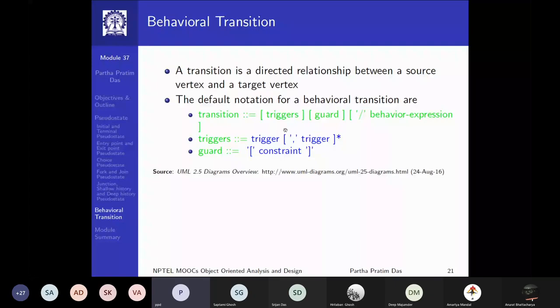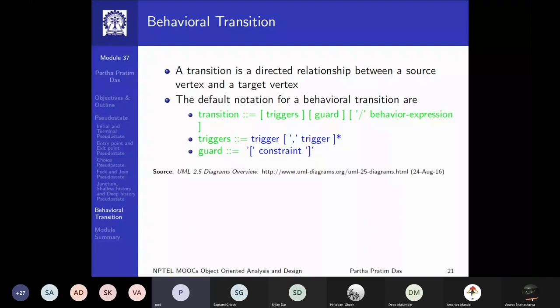So I said that traditional FSM can be modeled in terms of this state machine. So in a traditional FSM, often we will not have any one of these. I'd say A to B. A trigger on count, on I have a guard on count, and so on. Right? I have a behavior expression in terms of saying that if I make transition from this to this, then this is the output that I make.